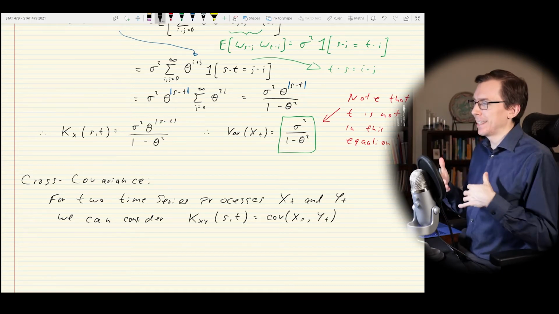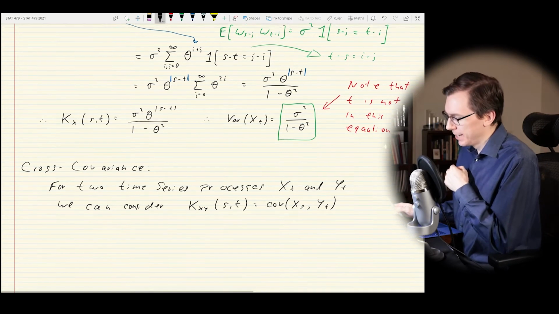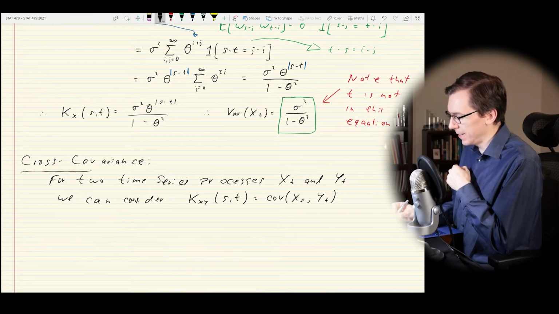So in some sense, there's nothing too profound going on here, but it is good to write down this definition.